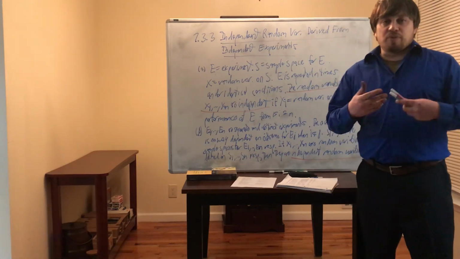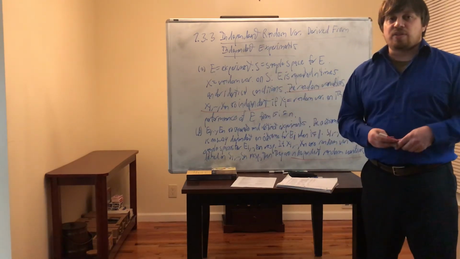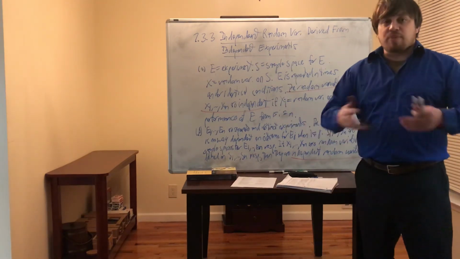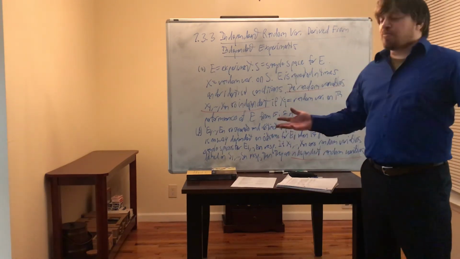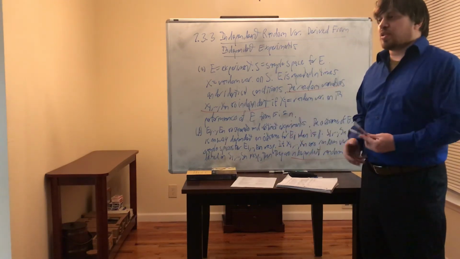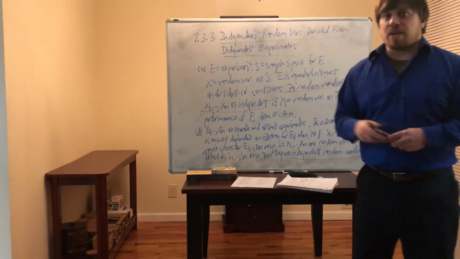Okay, and so when you repeat an experiment in A, when you repeat an experiment n times under identical conditions, you end up with independent variables. And here, when you have n separate and distinct experiments, you'll also end up with n independent variables. And so those are two situations where you do not need to test whether or not your n variables are independent, right?